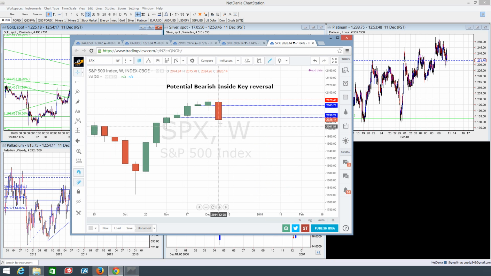So if however this reverses and comes up and closes back above these previous bullish candles, then obviously that's not going to pan out. So very important close this Friday coming up, to pay very close attention to that, because that could set a key top, a nice tradable top for any kind of uptick we may get in the following week. Maybe present a shorting opportunity for some follow through to the downside.